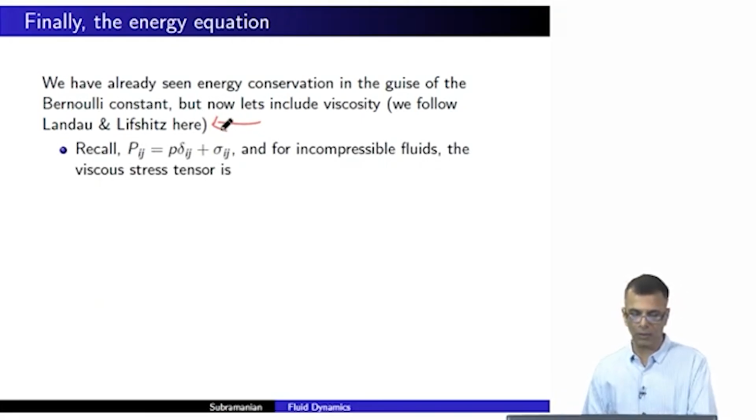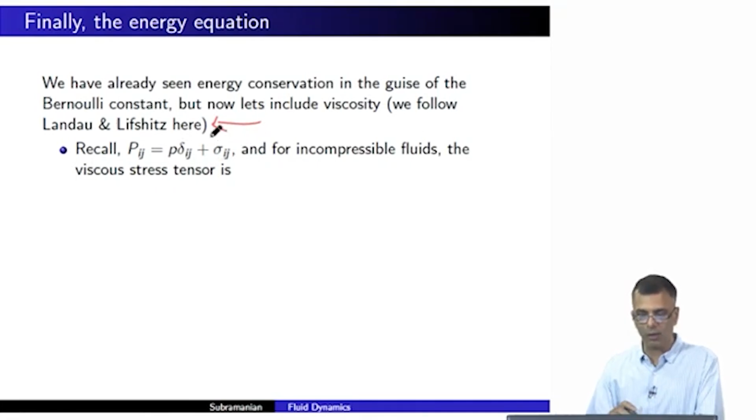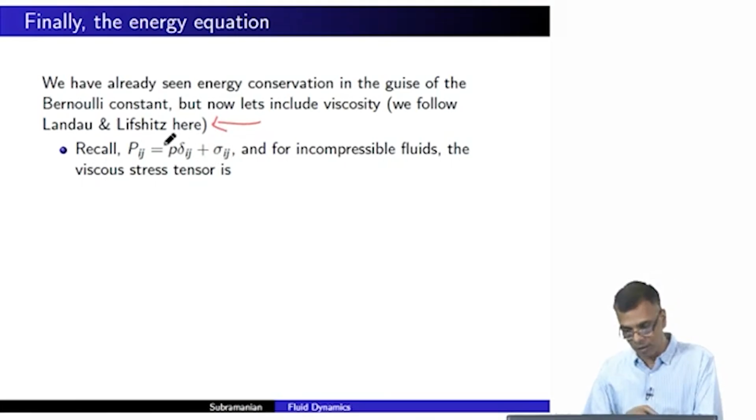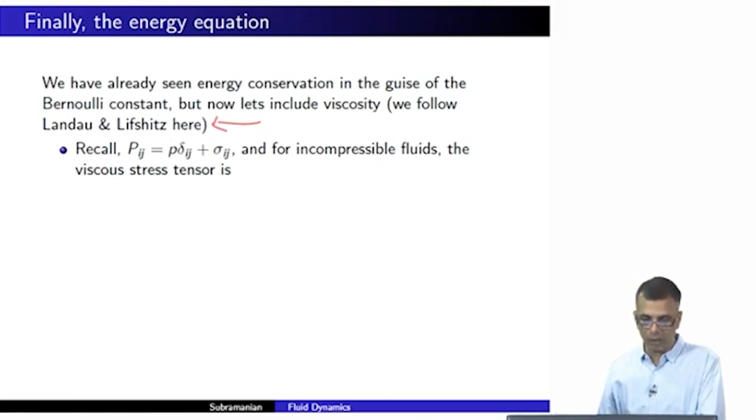Yeah. So now recall the pressure tensor. We split it up into the diagonal part and the off diagonal parts, right? And this includes the off diagonal parts, and this includes the regular thermodynamic pressure. And for incompressible fluids, the off diagonal part was just this.